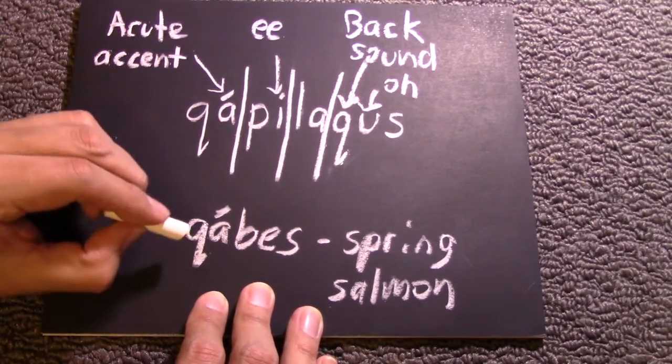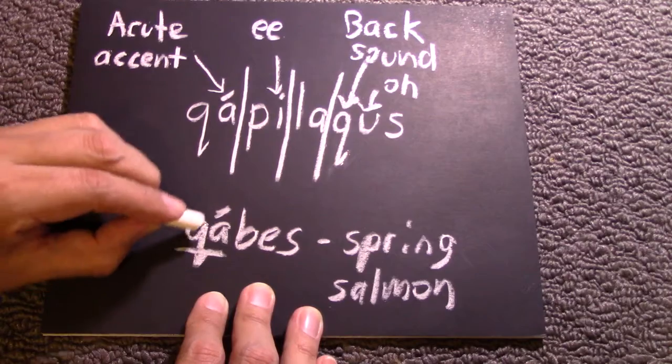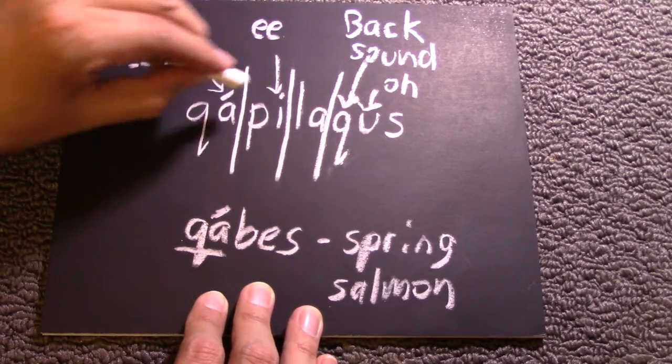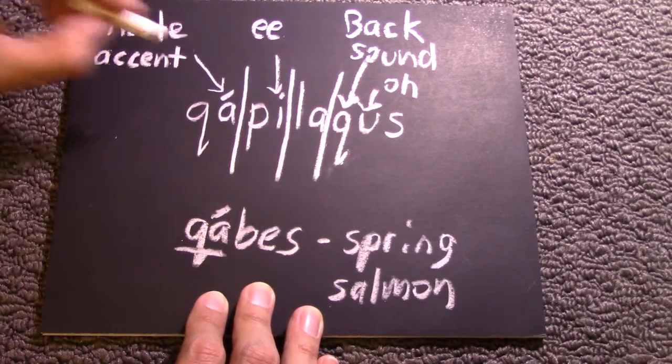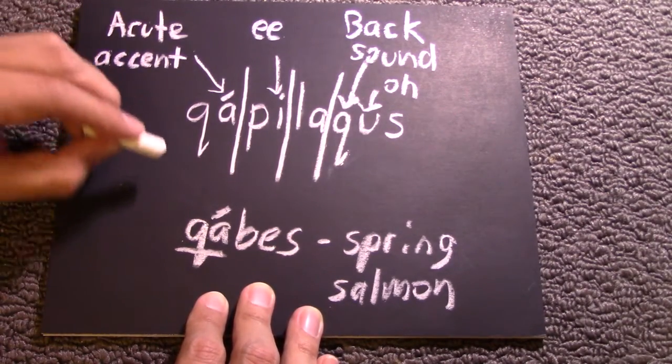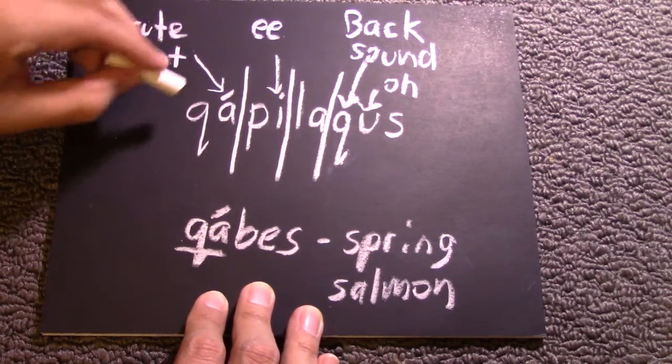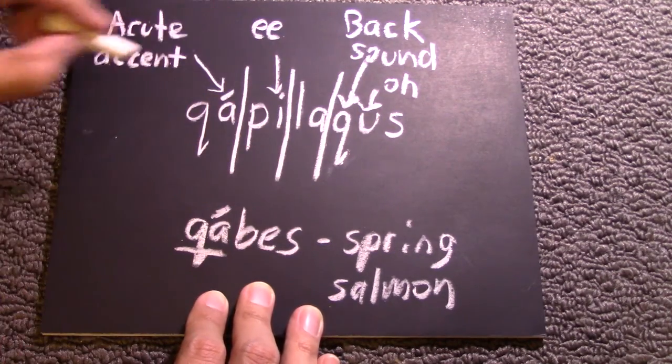So basically what's happening here is we've taken the first syllable of qabus and we've put it in front of pilaqus. So we put them together, we get kapilaqus.